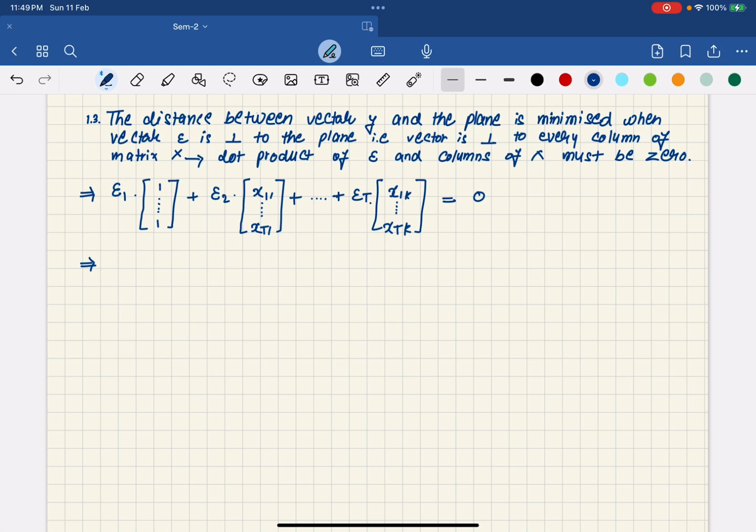And this is nothing but the dot product of the transpose of X matrix and your error term vector.